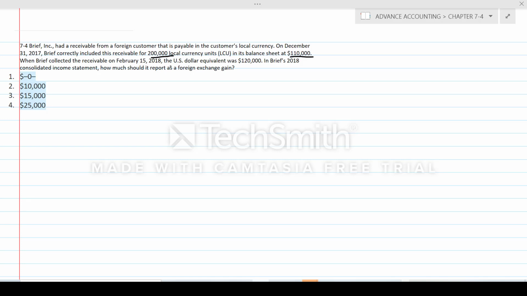On February 15th, 2018, the US dollar equivalent was $120,000. In order to compute the foreign exchange gain or loss, you can prepare a schedule. When you prepare the schedule, you record when the actual receivable took place. It was $110,000.